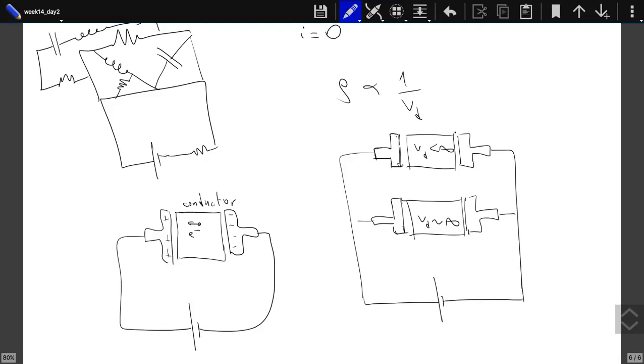So the electrons will move back from here. But once they reach here, they will be transferred to the other side, so they will not stay here long enough to be transferred across the other conductor. No electrons will cross this conductor. All of them will cross this one. This is what we call a short circuit.